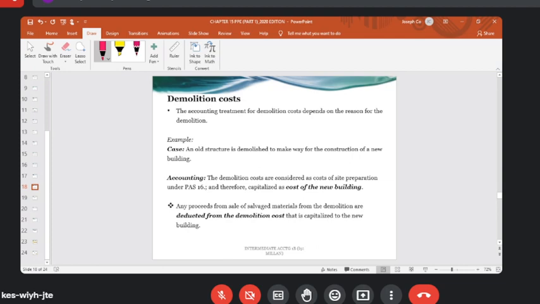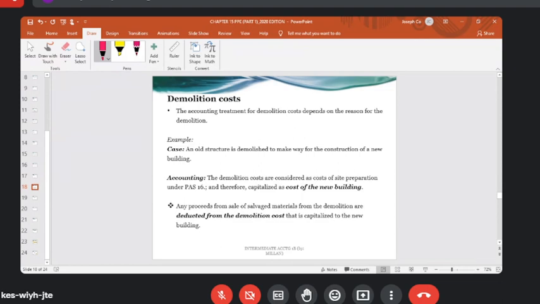And then, ito ngayon, anong treatment ng demolition cost, no? Ang demolition cost is dagdag po siya sa cost ng new building. Tapos yung proceeds from the salvage value, dati kasi minamanus niyo siya sa demolition cost. Luma na po yun, no? Ngayon po, hindi na po siya minamanus sa demolition. In case may salvage, the salvage should be credited to other income.